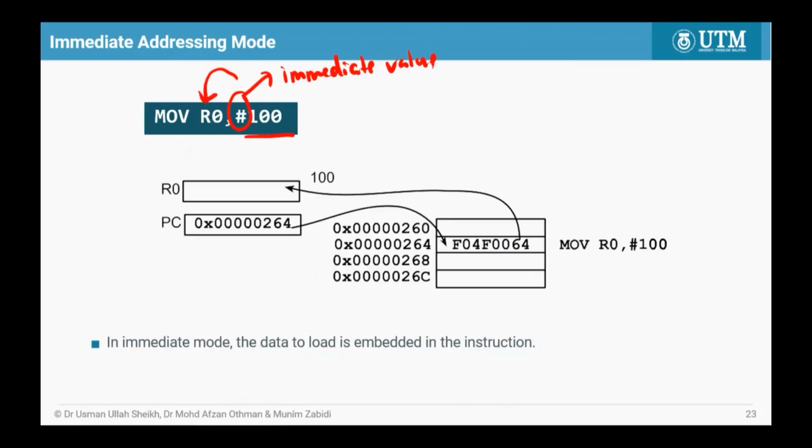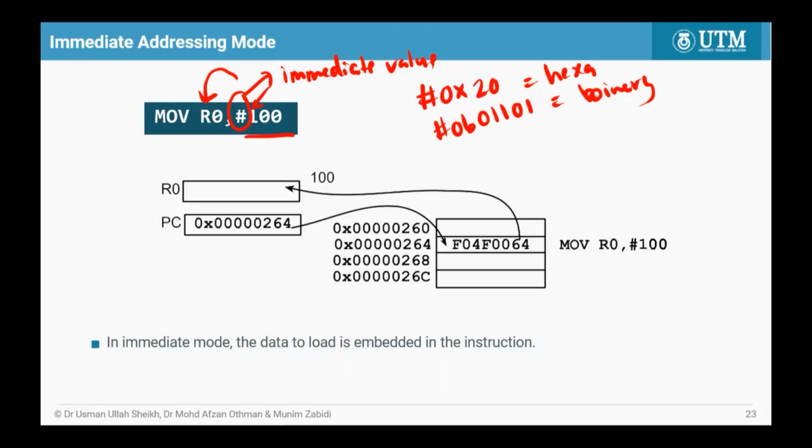Since this value 100 doesn't have any symbol in front, you know that it is a decimal number. If you have something like hashtag 0x20, for example, you know that this is hexadecimal. If you have hashtag 0b01101, you know that this is a binary number. But this one doesn't have any symbol in front of the number, so you know that it is a decimal number.